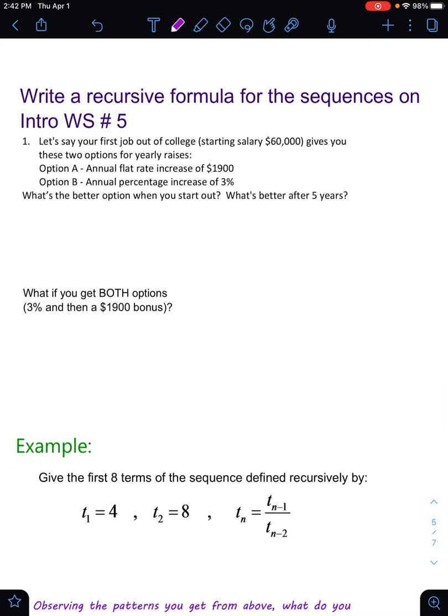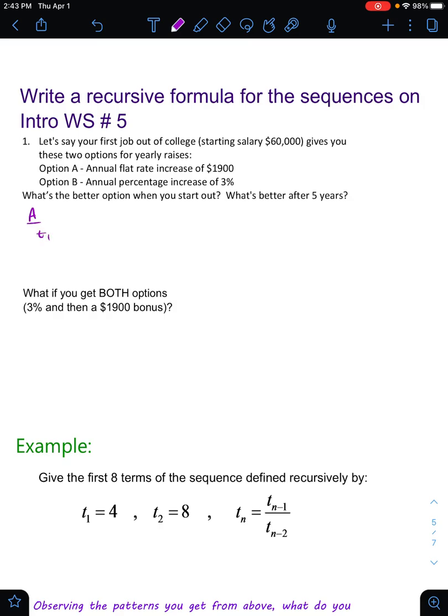So let's try a couple more. So write a recursive formula for the sequence, and this was on a worksheet earlier. Let's say your first job out of college gives you these 2 options. We just want to write recursive formulas. So option A is every year you gain $1,900, right? So we're going to do A over here.